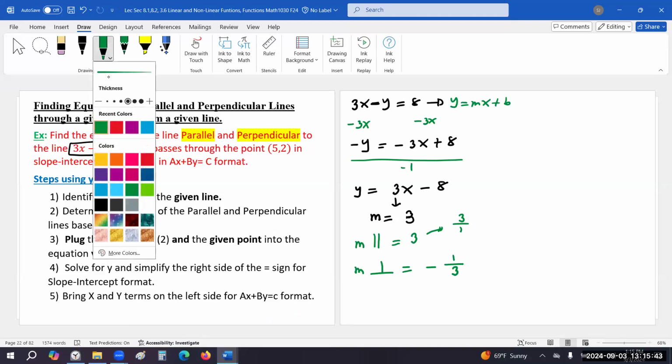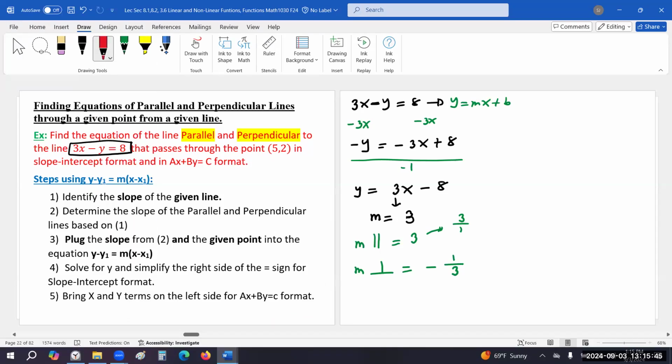Now I will start with the equation of the parallel line. So we know the slope of the parallel line is this. I'm going to use this, and they gave us a point, which is x1, y1.